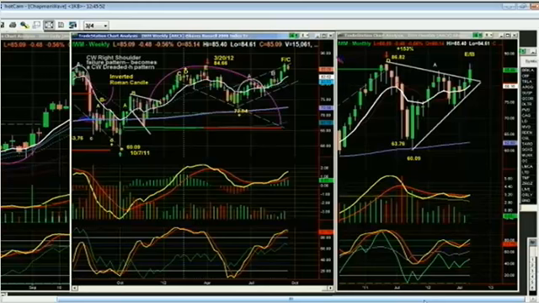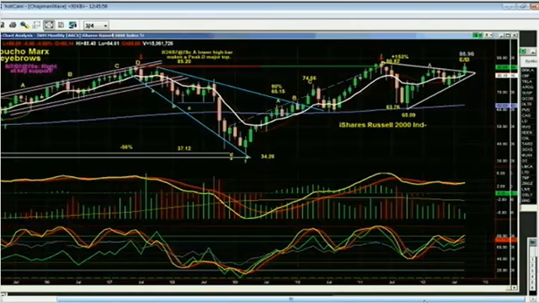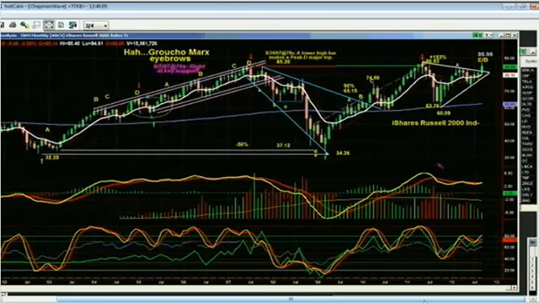Does anyone here know where the IWM, which is the Russell 2000 iShares Index Trust, is in its lifetime of the contract? I've got the lifetime, because the lifetime does not go back to anything but June of 2000.